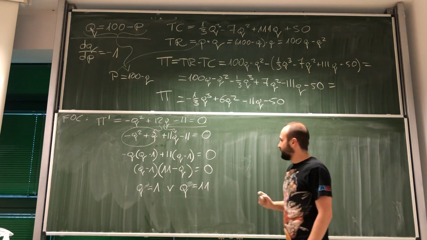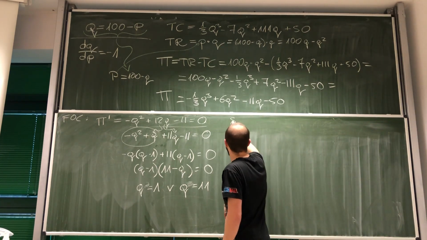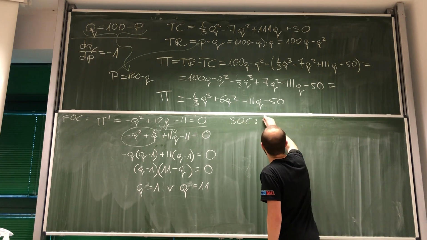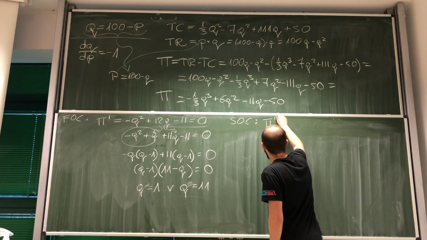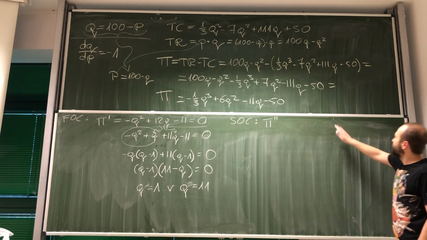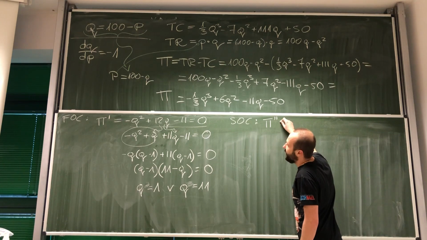Okay, in this case, we of course need to resort to the second order condition. So we calculate the second derivative of the profit function, and what do I get out of this?